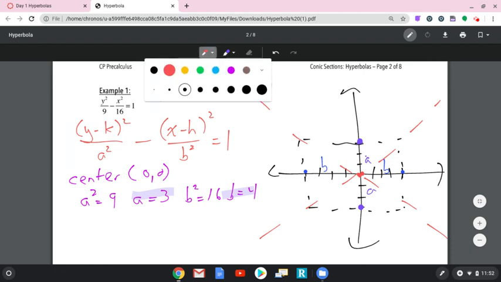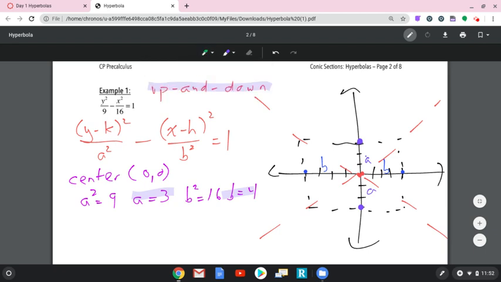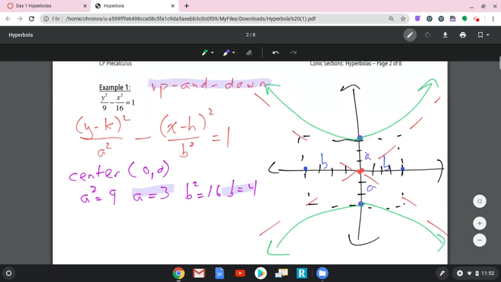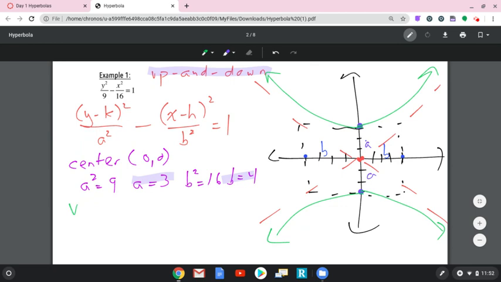Now I also have my center. So if I want to graph this hyperbola, I'm going to graph it in green. I also have my vertices. It's up and down. The A value on that box is your vertex, and we can label it. And if you remember, if we look at the vertices equation, if it's A up and down, I'm going to add A to my K value and subtract it.